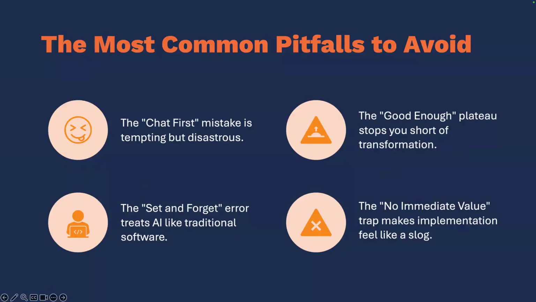Number one is the chat first mistake. And I get this one, I really do. The chat first mistake implies that you want to put AI in front of people because it's cool and it sometimes gets stuff right and many times does not, but you're hoping that sometimes is going to be most times, but it's not.